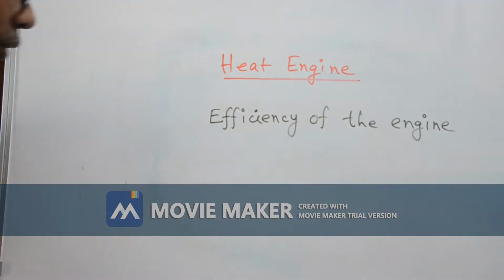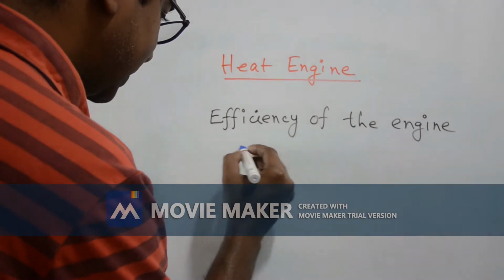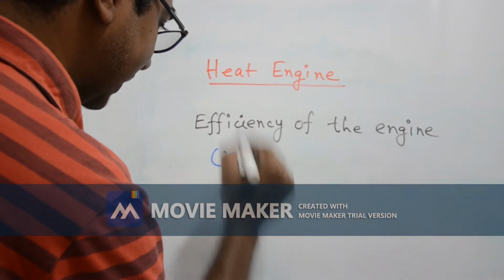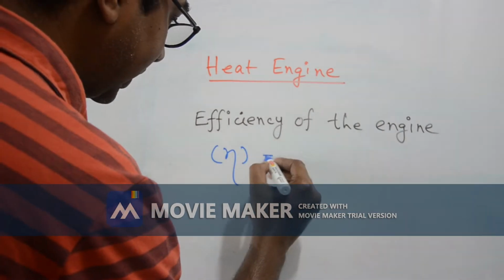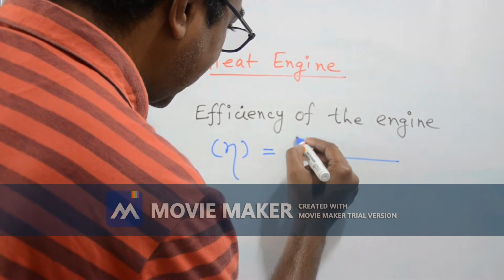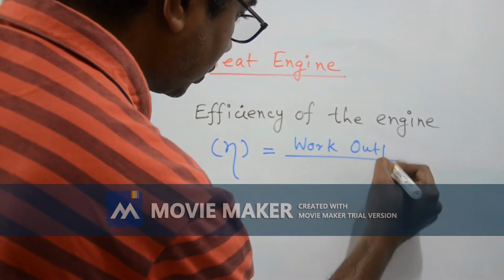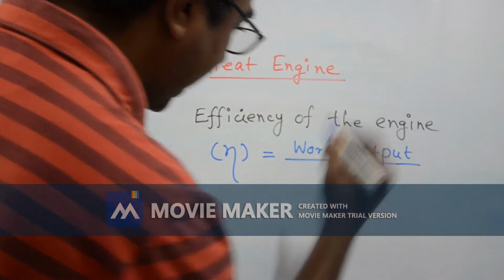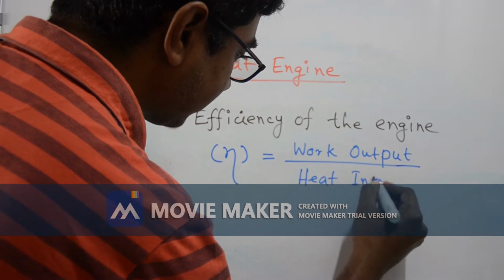Efficiency will be described by the Greek symbol eta. The way we define the efficiency of the engine is, it is basically the mechanical output, or the work output, and the heat input.